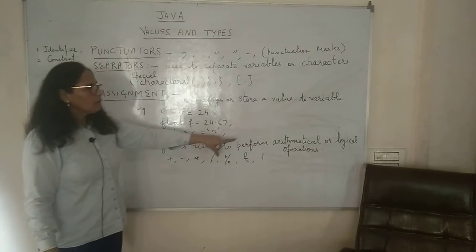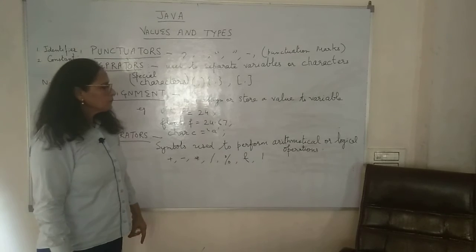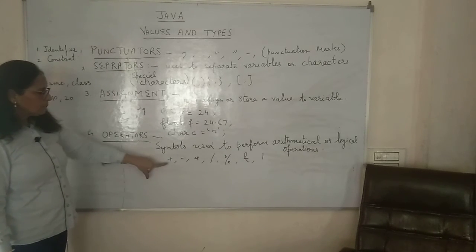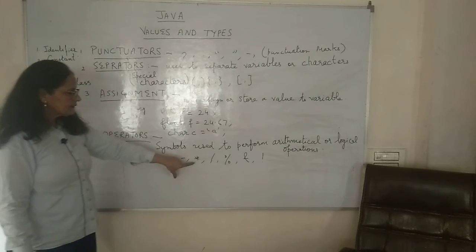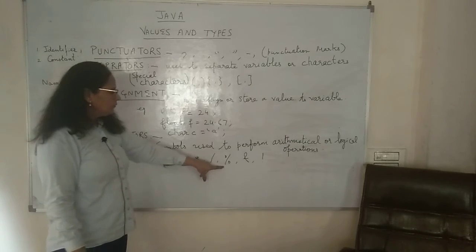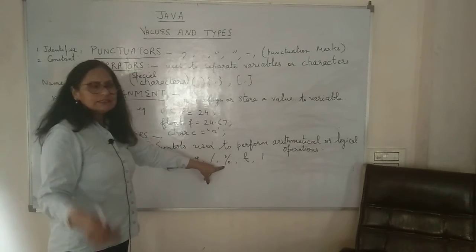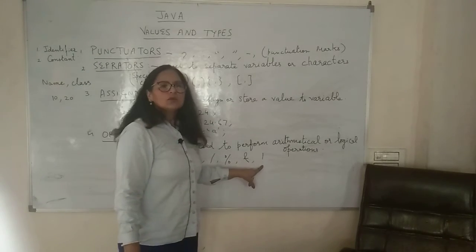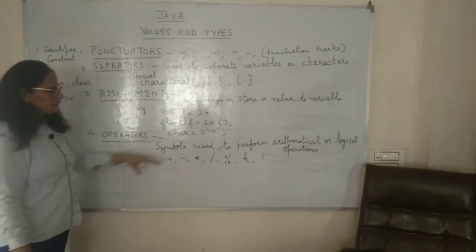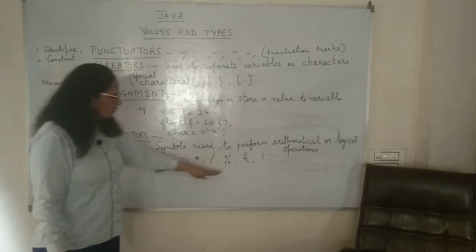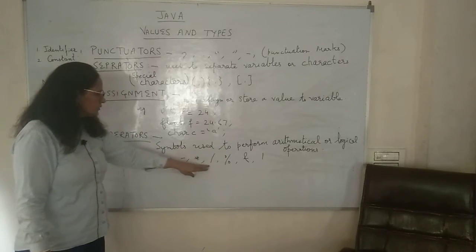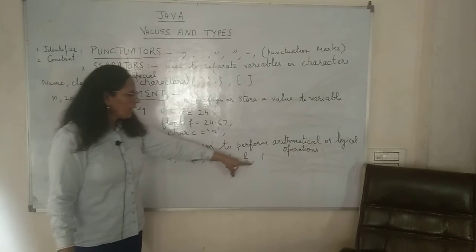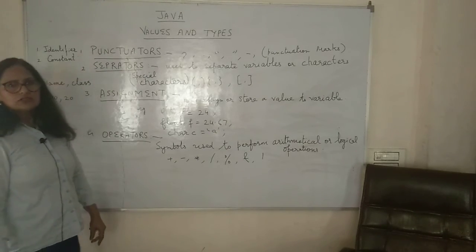Now fourth is operators. Symbols used to perform arithmetic or logical operations are known as operators. For example, plus, minus, multiply, divide, modulus operator, which is the percentage sign, and then the AND sign, and then the NOT sign. So from here, these 1, 2, 3, 4, 5 examples are of arithmetic operators, and these 2 examples are of logical operators.